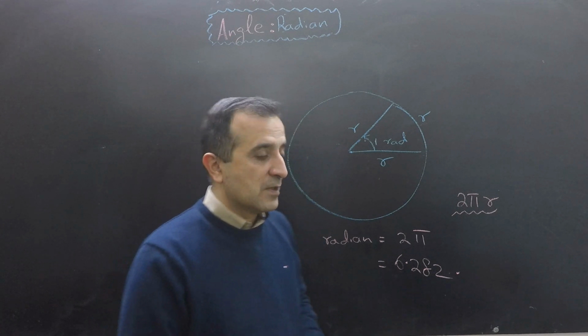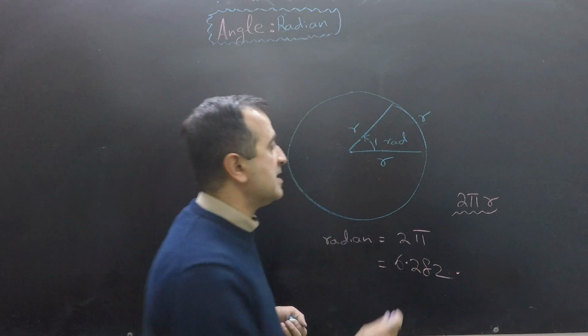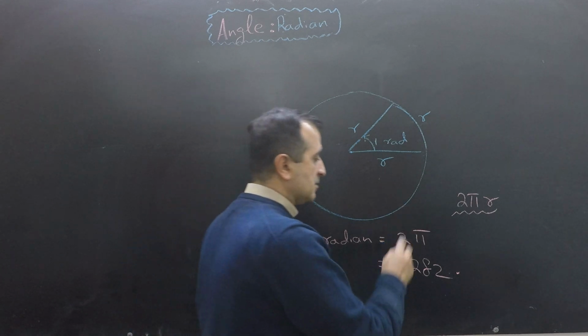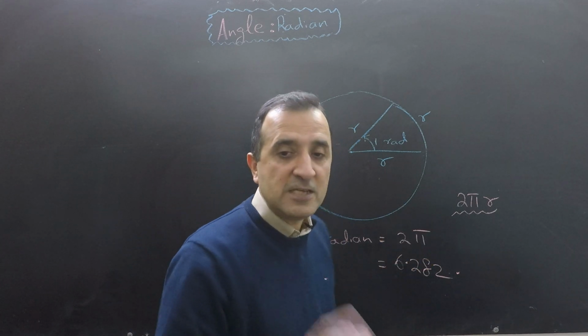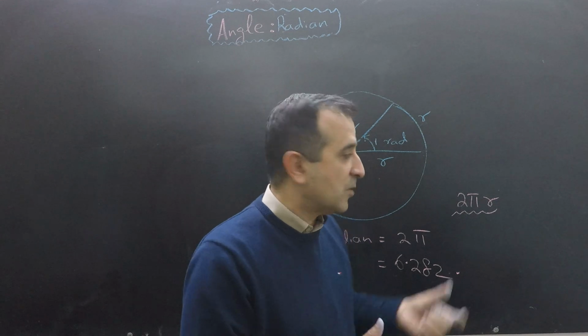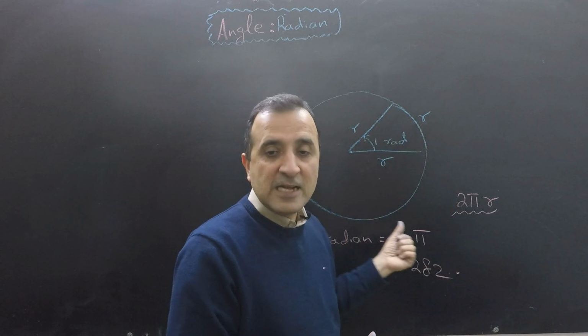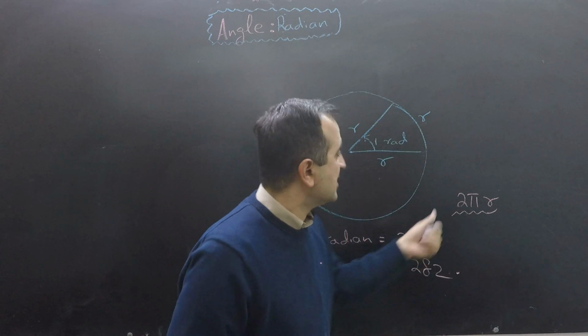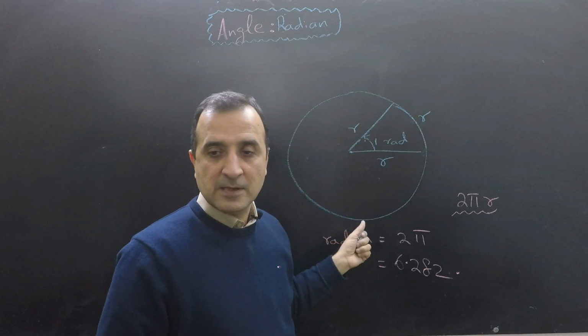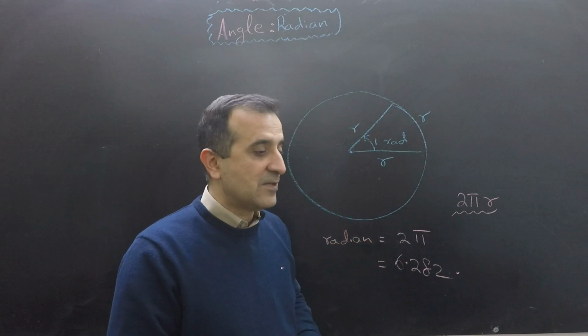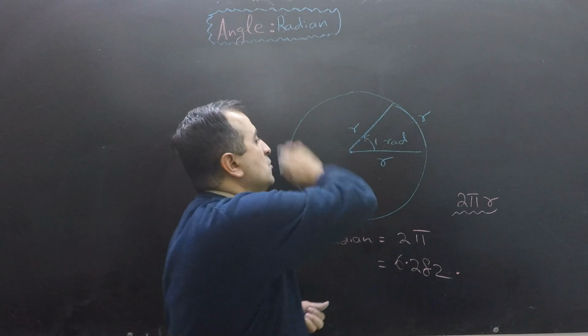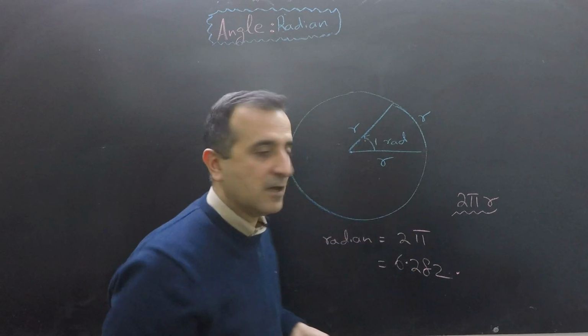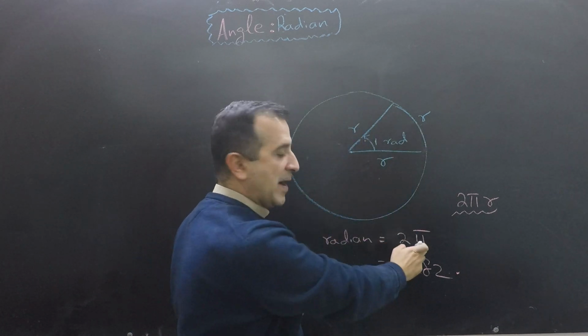Now what we are saying is that 2 pi is equal to 360, because the whole circle is divided into 360 degrees, and also into 2 pi radians, right? The same circle from here to here is 360 degrees, and is 2 pi radians.